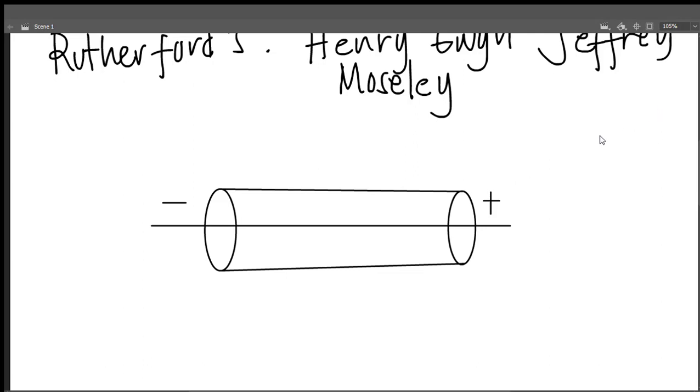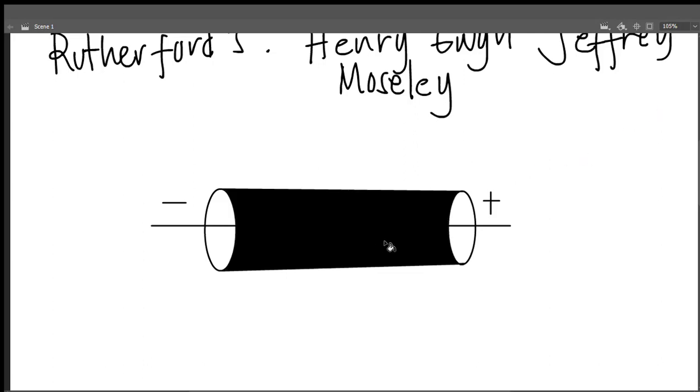Let us color this one with black, and let us have electrons which are fast moving.